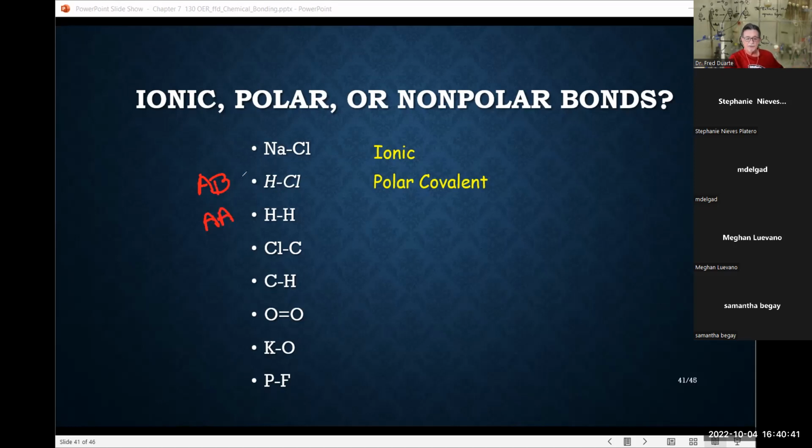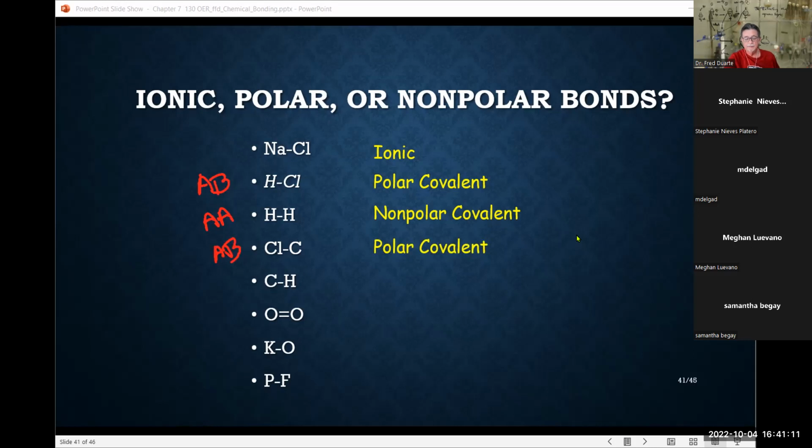Both species are the same. It's a covalent bond, but specifically a nonpolar covalent bond. And then we have chlorine and carbon, which again in this scenario is an AB scenario, and so that example is a covalent bond, but polar.